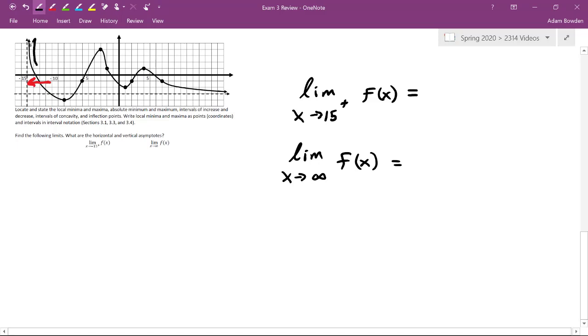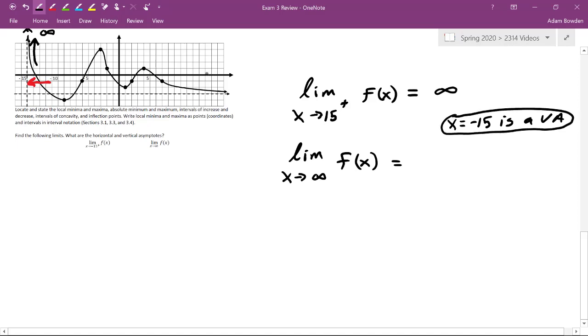It continues to travel up, getting closer and closer to this vertical line. So infinity would be that limit. And we can also say that x equals -15 is a vertical asymptote as a result.